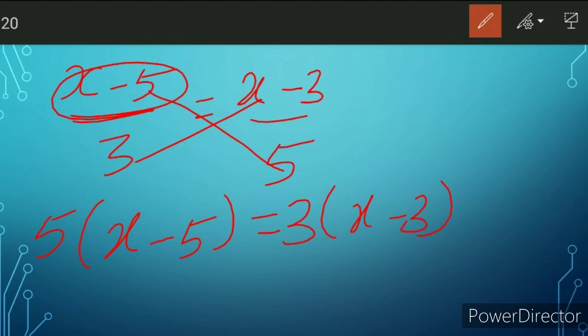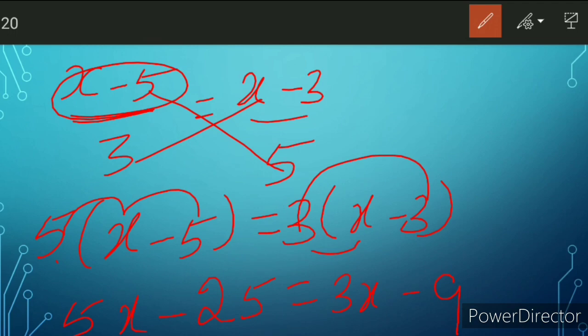Okay, next step we'll start the multiplication. 5 into x, 5x, minus 5 into 5, minus 25. Both the numbers we should distribute and multiply. Is equal to, again you multiply with the 3. 3 into x, 3x, minus 3 into minus 3 will get minus 9.